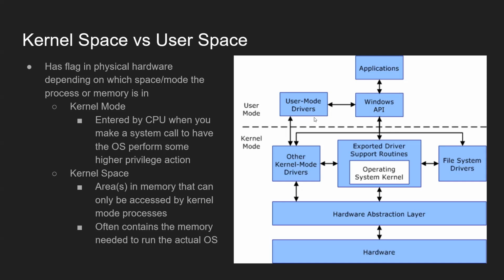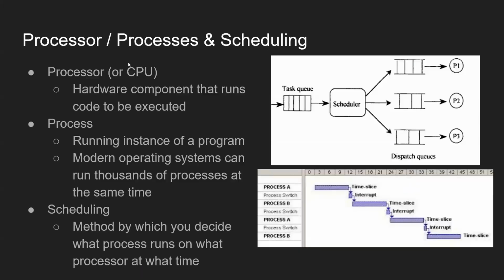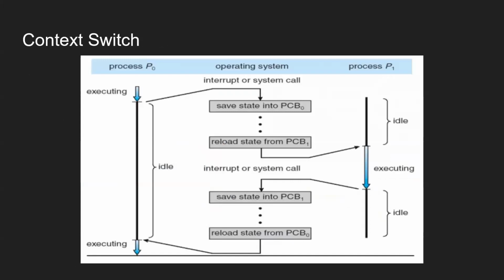And if you remember from before, whenever we switch processes, it takes a little bit of overhead. So this is something you'll also want to be aware of when running operating systems with multiple processes: every time you do this kind of privileged access, it'll require a context switch.